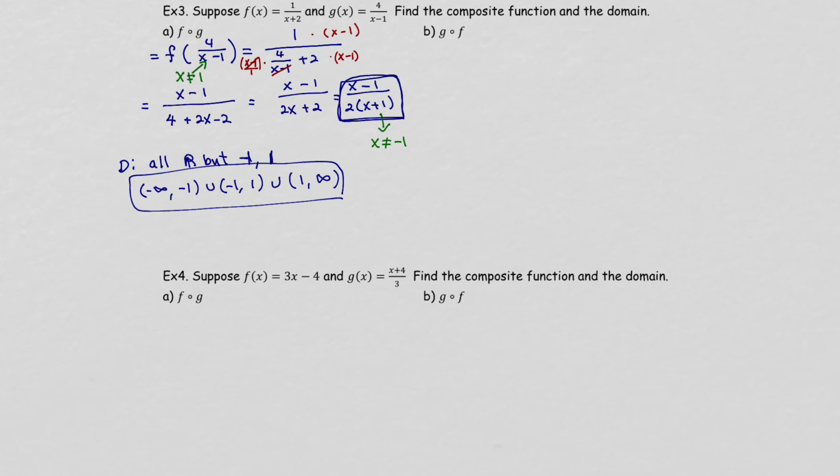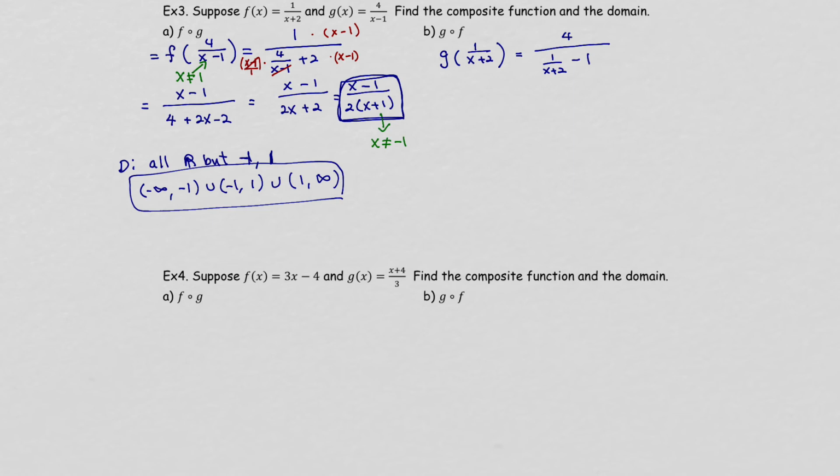I'm going to try another one using the same thing. So in the g of x function, I'm going to replace x with f of x. G of x function is 4 over x minus 1. Instead of x, you put f of x.